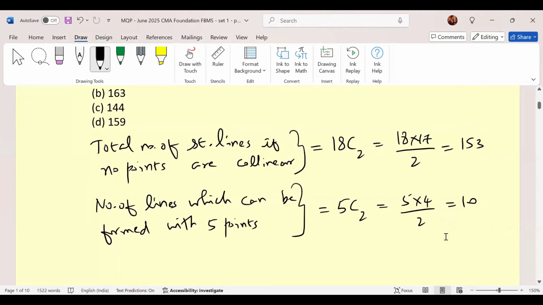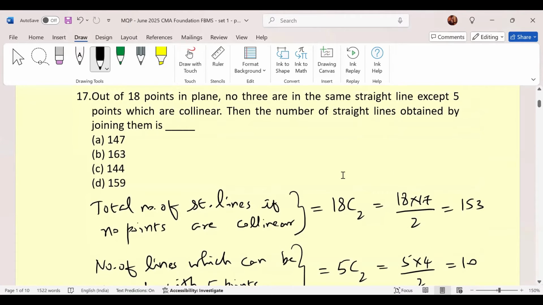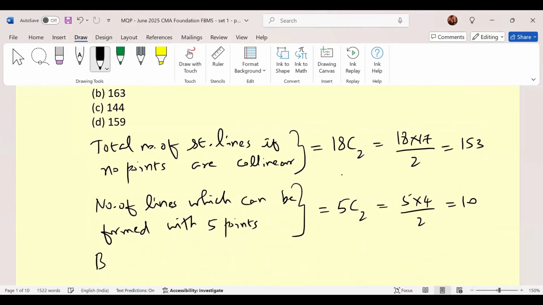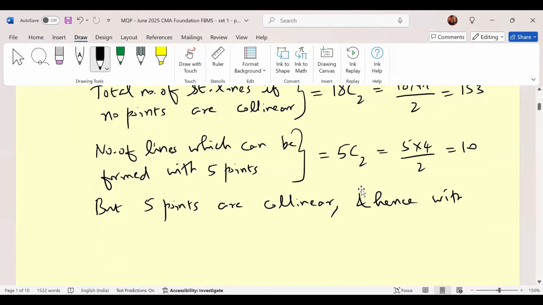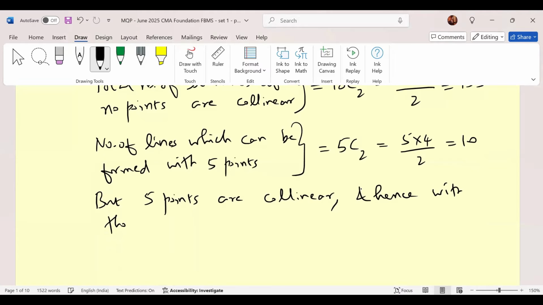But here they say 5 points are collinear, and hence with those 5 points, only one line can be formed.